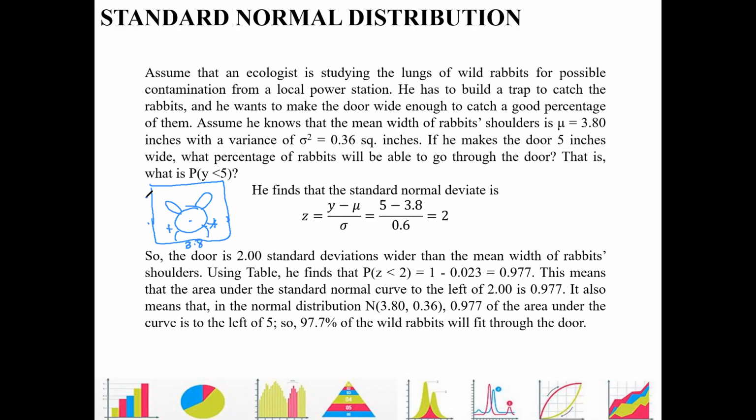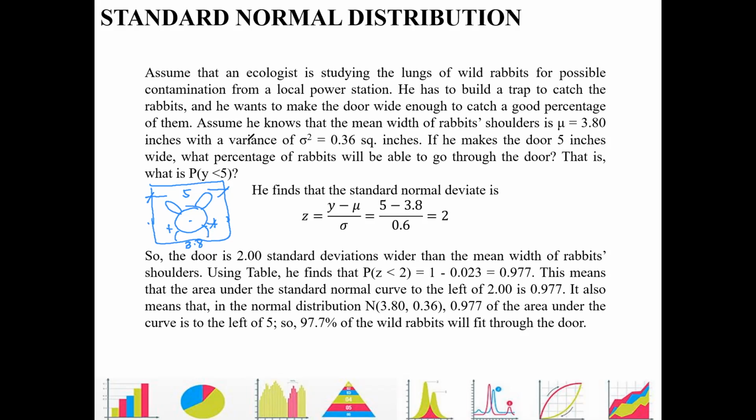So ang gate niya is ginawa niyang 5. So tinatanong niya ilang rabbit kaya or how many percentage of rabbit will be able to go through the gate of 5 inches in width. So kung ilang percentage daw ng rabbit na may average na 3.8 ang kanyang shoulder width.